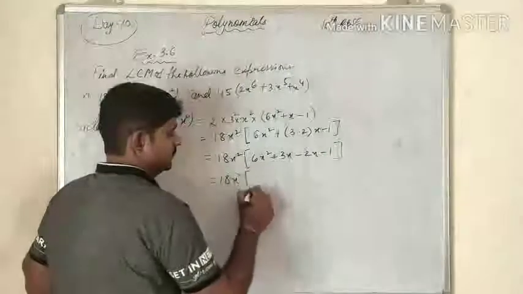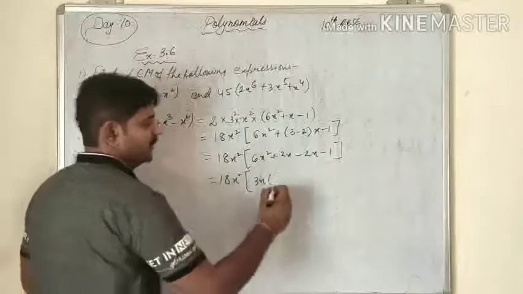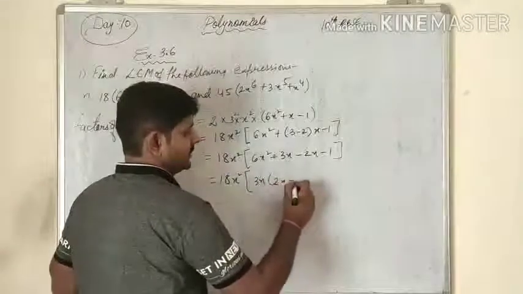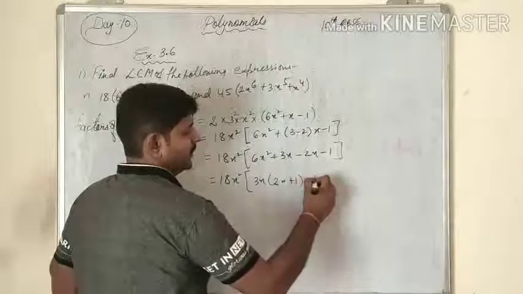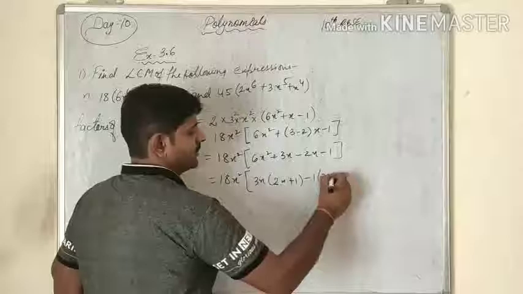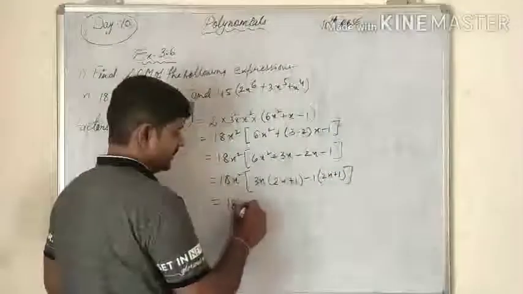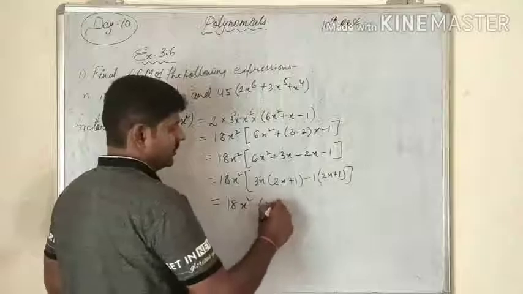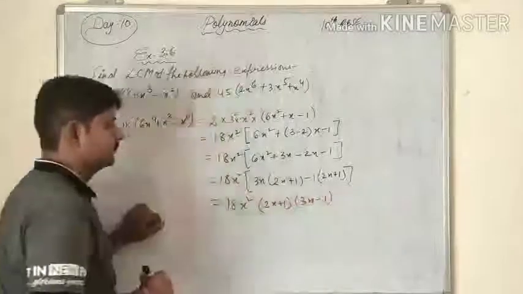Now if we take 3x common, there is left 2x minus 1. If we take negative 1, there is 2x plus 1. Both brackets are the same, so their factors are 18x square, 2x plus 1, 3x minus 1.